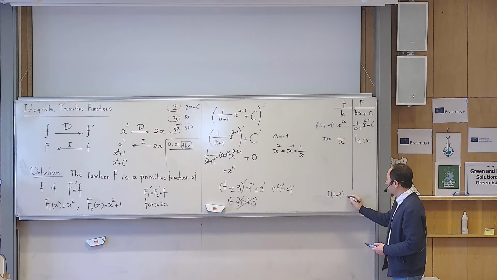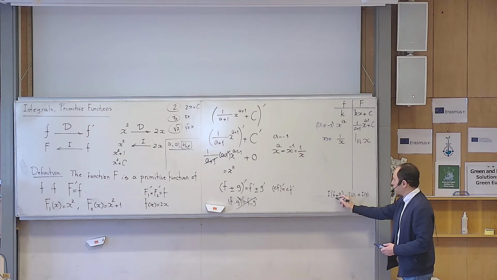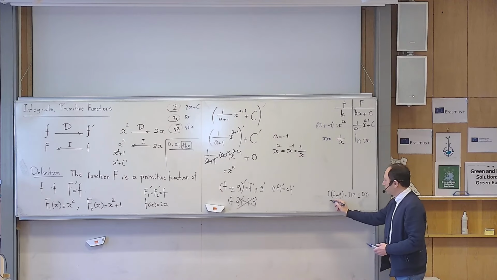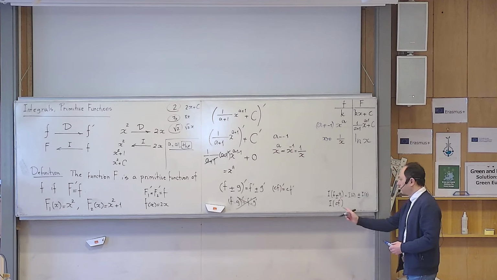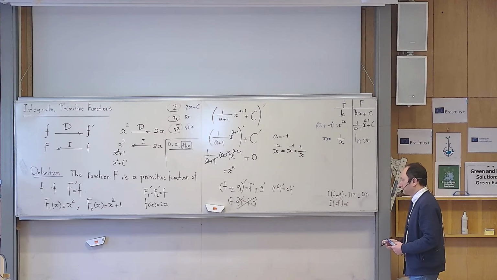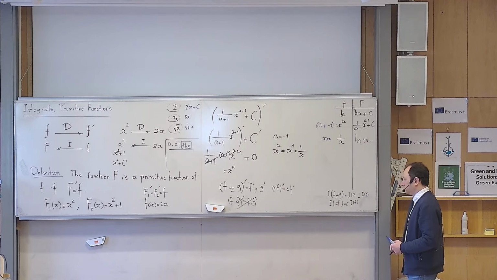I can find a primitive function for the first one, a primitive function for the second one, then I add the results. If that is minus, that is also minus. And if I want to find a primitive function of a constant number multiplied by a function f, I take c out, I don't care about the multiplicative constant, I just find a primitive function for my function and then multiply it by c.